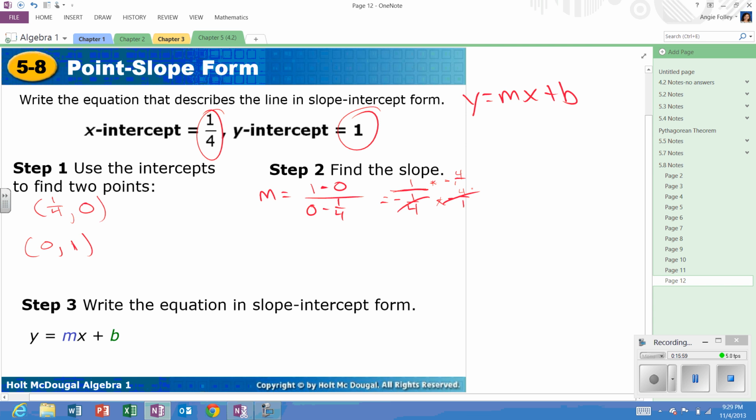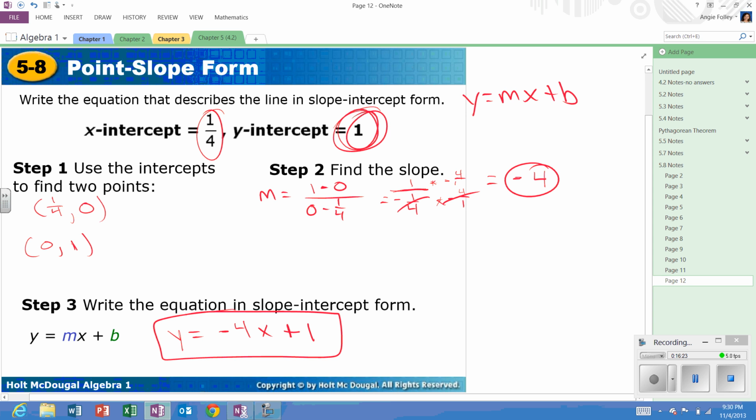That's how the bottom goes away. And I'm left with negative 4 over 1, which is just negative 4. Now, I can plug that into my y equals mx plus b equation because we already solved for our slope, negative 4. And we know our b value because they gave it to you in the beginning, plus 1. So that is the slope-intercept form.